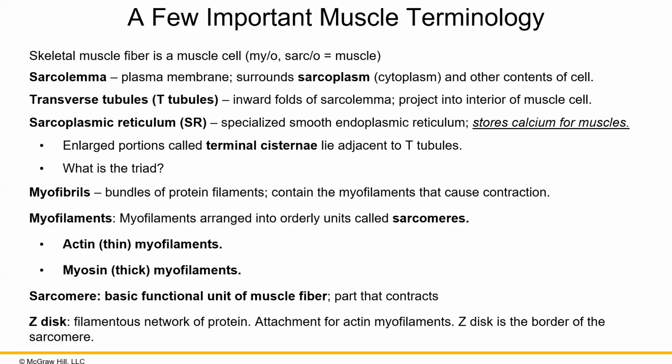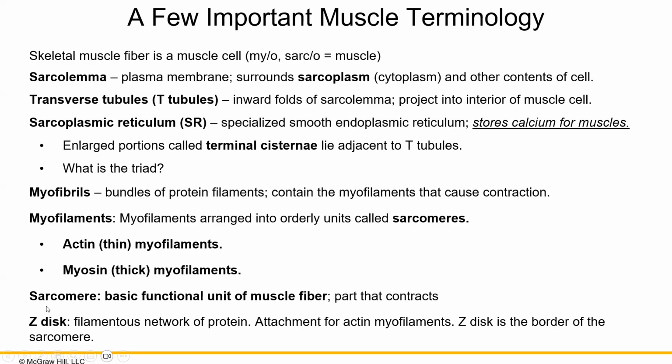If you remember back to our previous unit, we talked about functional units of compact bone and spongy bone. So for compact bone, our functional unit was the osteon, and it had many osteocytes within one functional unit. Our muscle system is kind of the opposite. Our functional unit is the sarcomere, and we have many sarcomeres that make up one muscle fiber. And so we have many functional units within each fiber.